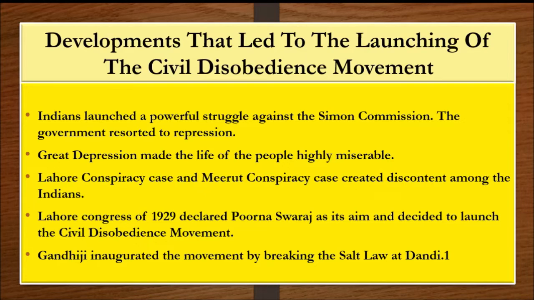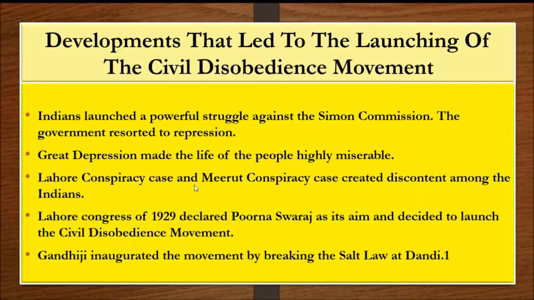Okay children, now let us see. The first thing is developments that led to the launching of the civil disobedience movement. Indians launched a powerful struggle against the Simon Commission. The government resorted to repression. Great repression made the life of the people highly miserable.